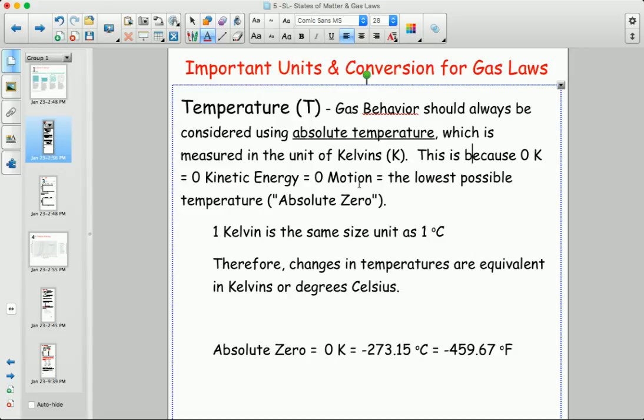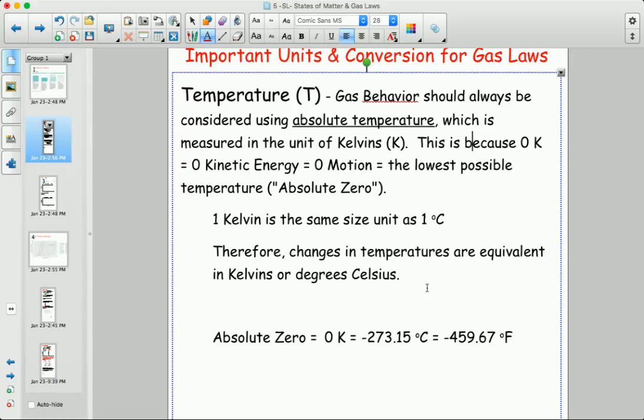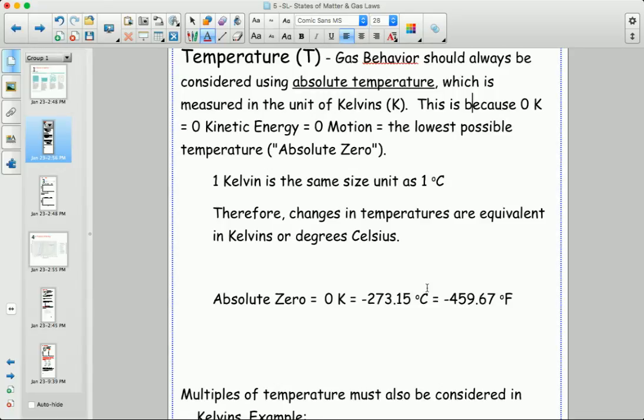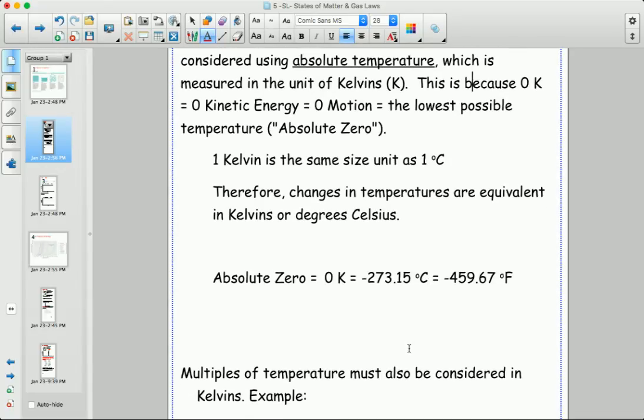So 0 Kelvin is designed to be the absolute lowest temperature possible. It was designed to match the Celsius scale. So 1 Kelvin, not a degree Kelvin, but 1 Kelvin, is the same size unit as 1 degree Celsius. And so changes in temperature are equivalent in kelvins or degrees Celsius.